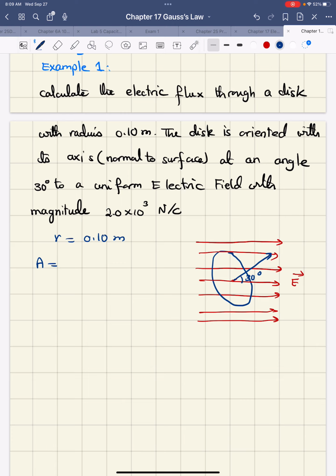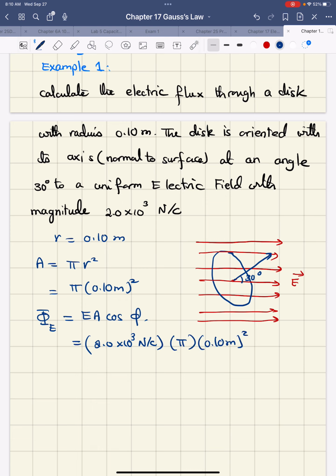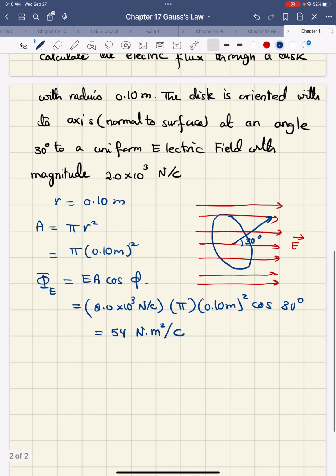First, the area is pi r squared, which is pi times 0.1 meter squared, and the flux is EA times cosine phi, then it is 2 times 10 to the 3 times pi times 0.1 squared times cosine 30, and that is going to give us 54 Newton times meters squared divided by Coulomb.